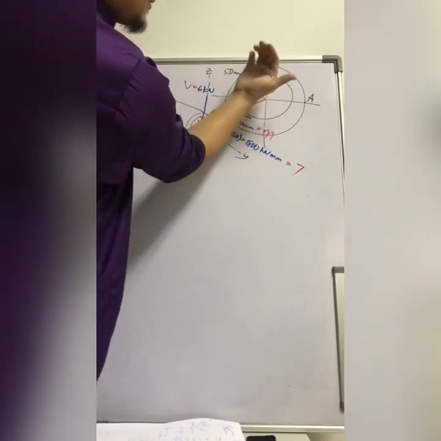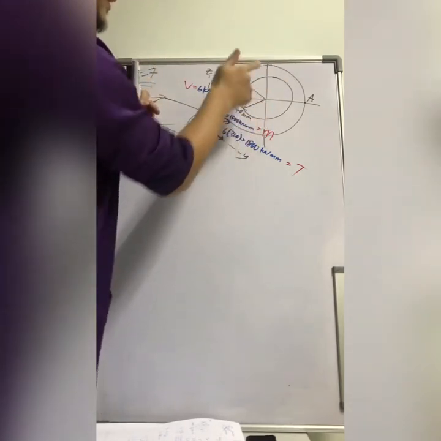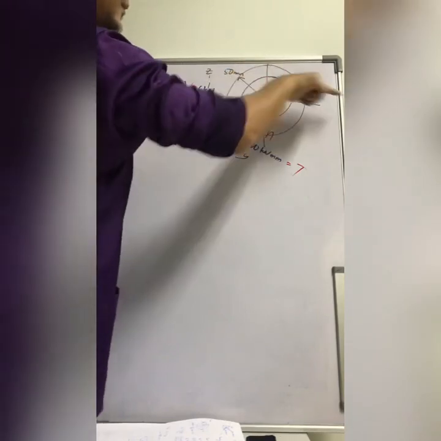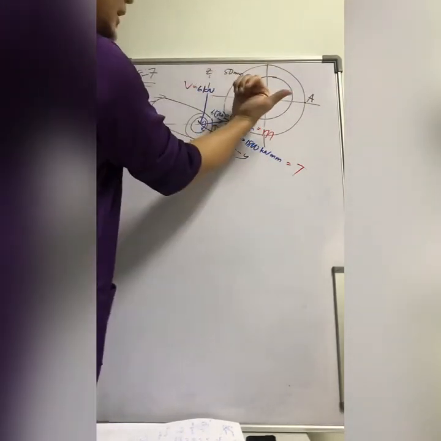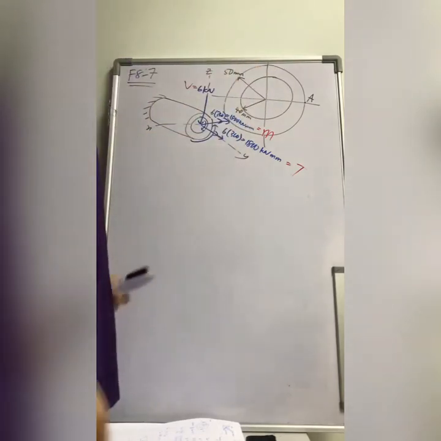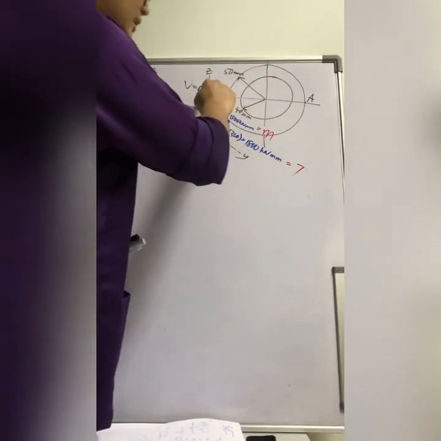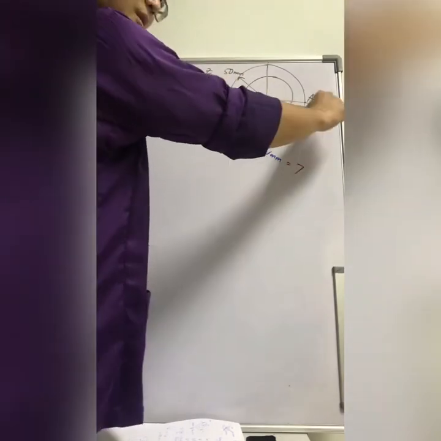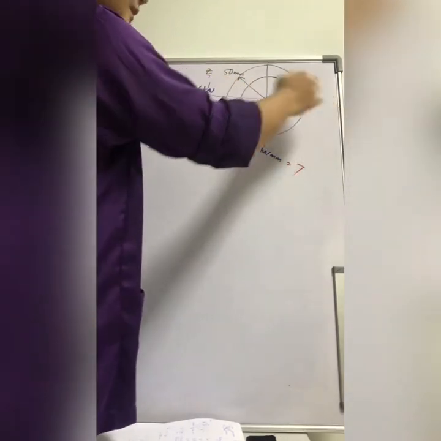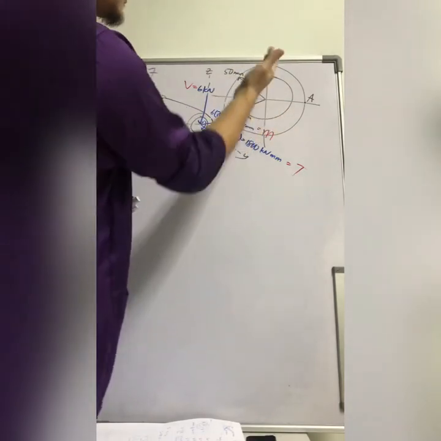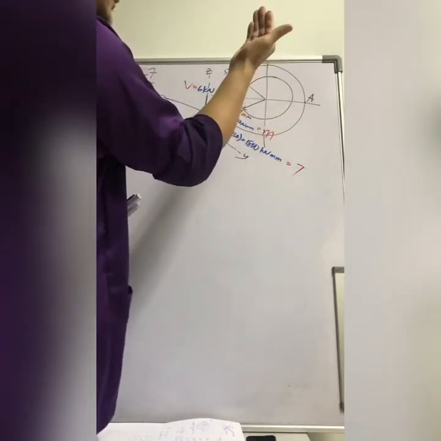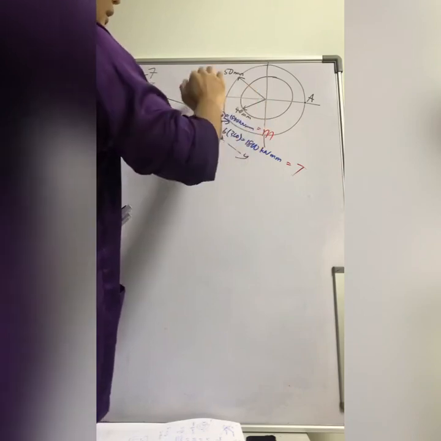So for this bending moment, what is the neutral axis? For the bending moment here, the neutral axis is this x-axis. Bending moment going this way, top under tension, bottom under compression.